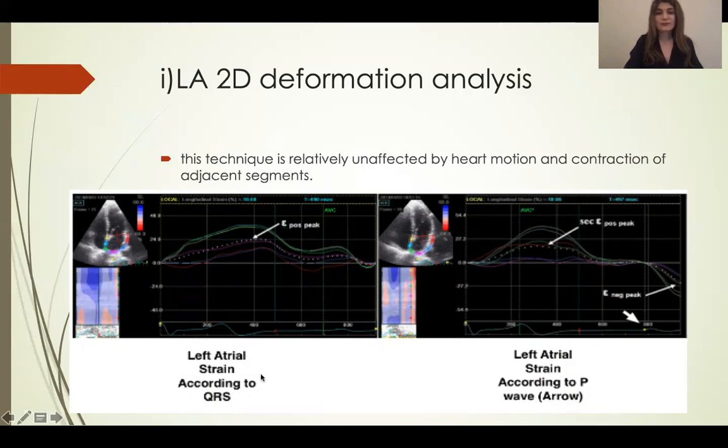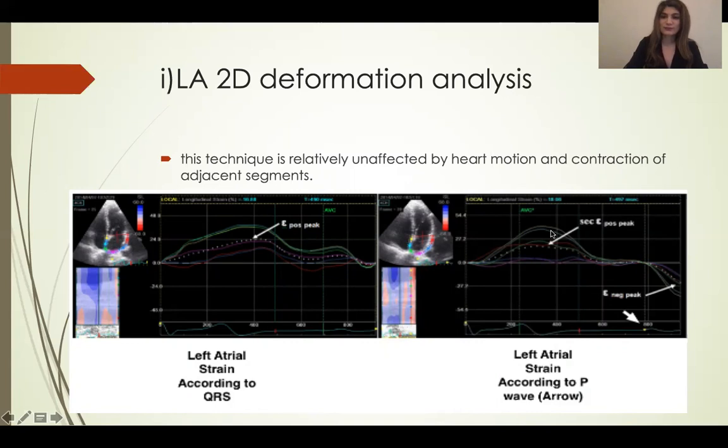If we want to measure according to QRS, the first wave represents the reservoir function of the left atrium, the second wave is the conduit function, and the last wave is the pump function of the left atrium.